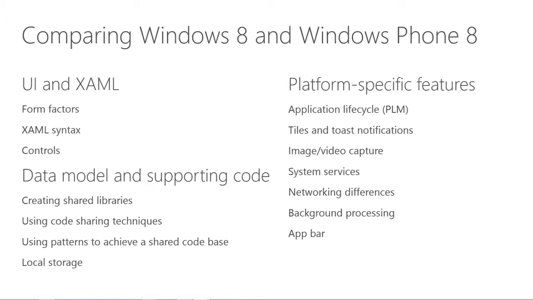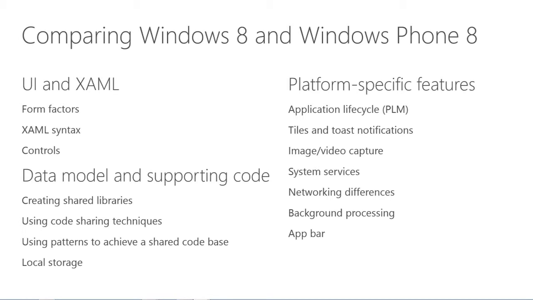As I said, when you think about Windows 8 and Windows Phone 8, there are some things that you'll be thinking about. The first one, optically, is the UI. Visually, Windows 8 and Windows Phone 8 look very similar, and we'll talk about what the differences are there. There's also, under the covers, unless it's a very trivial app, probably some data of some sort.